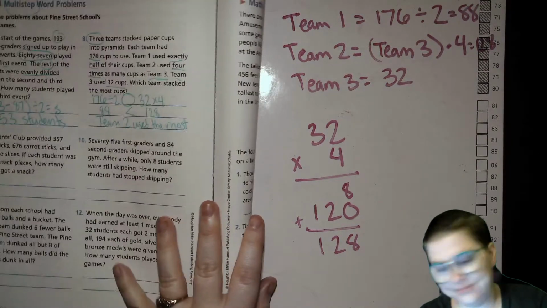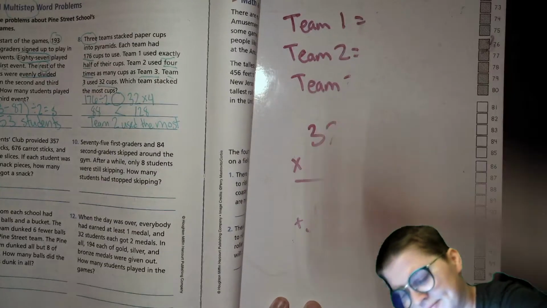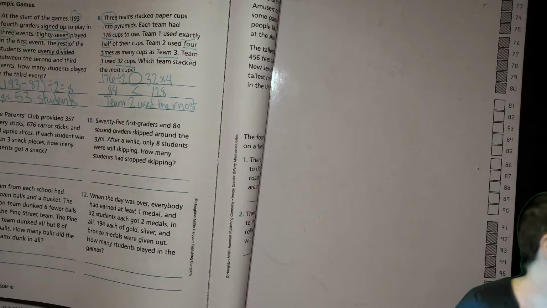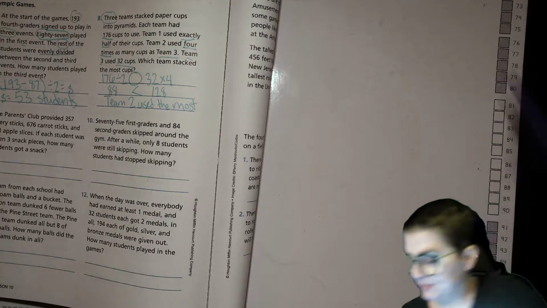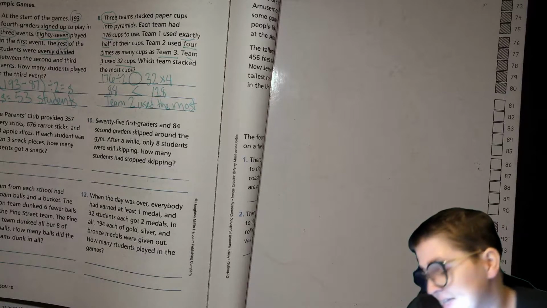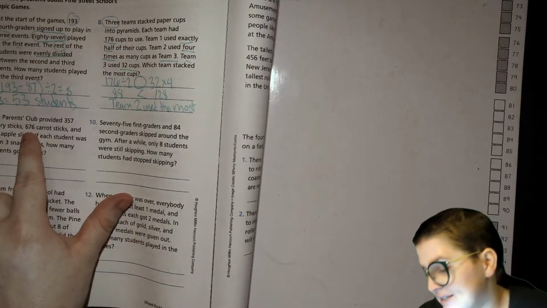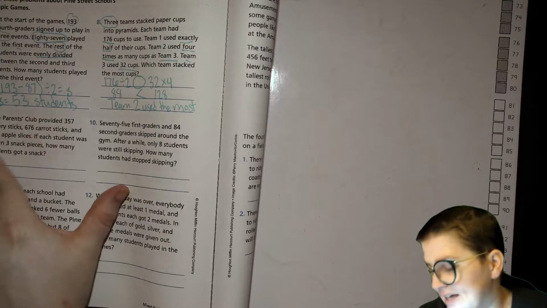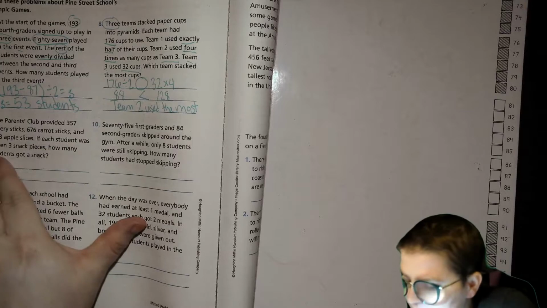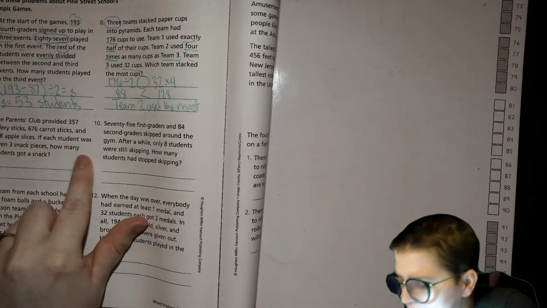All right. A little bit tricky. I'm going to change my pen color to something darker. The Parents Club provided 357 celery sticks, 676 carrot sticks, and 488 apple slices. If each student was given 3 snack pieces, how many students got a snack?